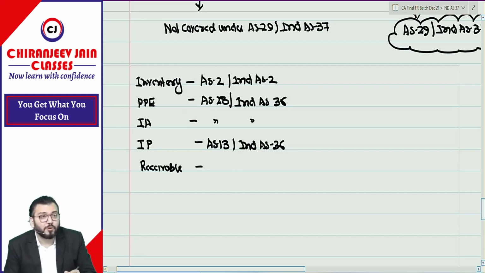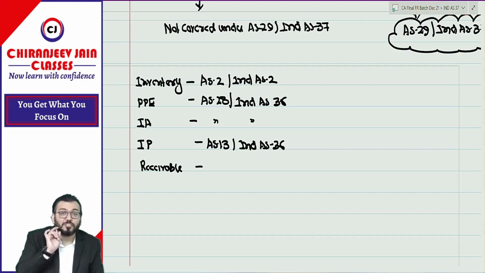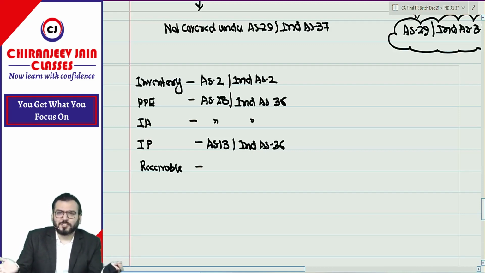you have created provision for doubtful debt as per which accounting standard? Provision for doubtful debt, as per which accounting standard? Yes, you have created it many times. No. Can I say there is no specific accounting standard?